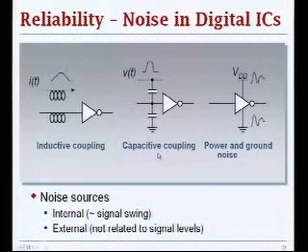So now, how do we quantify the quality of a gate to work in a noisy environment? In order to do so, we have to understand the discrete behavior of a gate and the way we map electrical characteristics of a gate into Boolean signals, into logic 0 and 1.